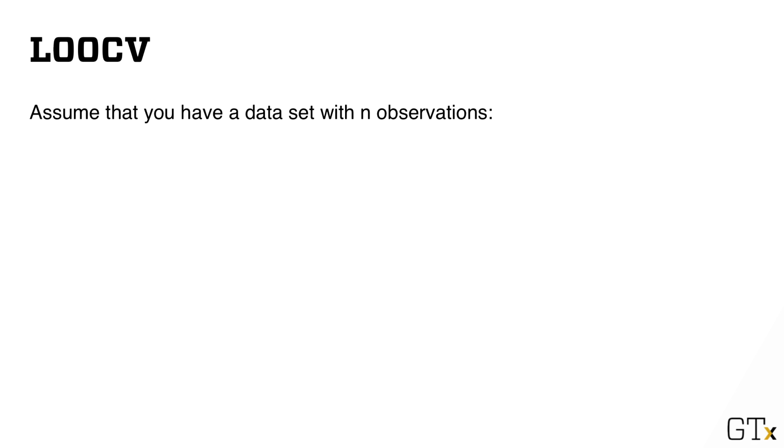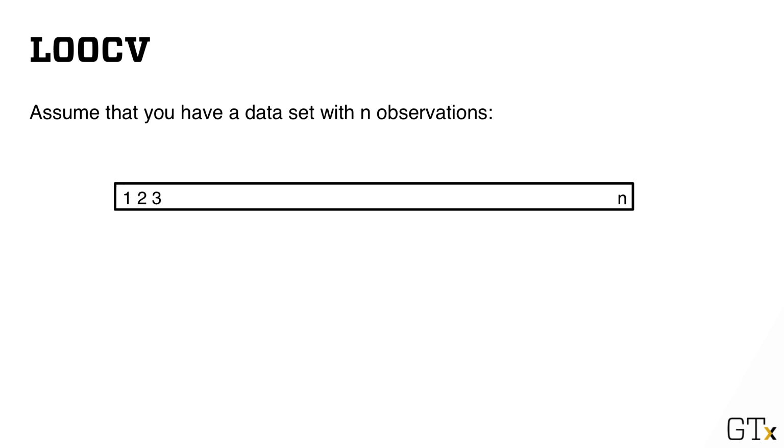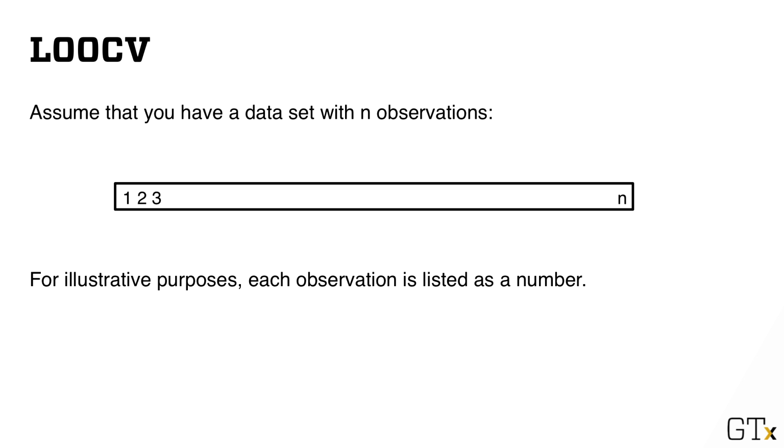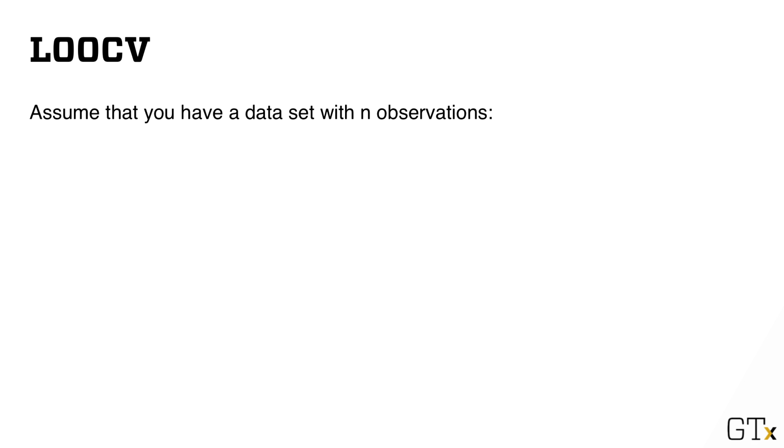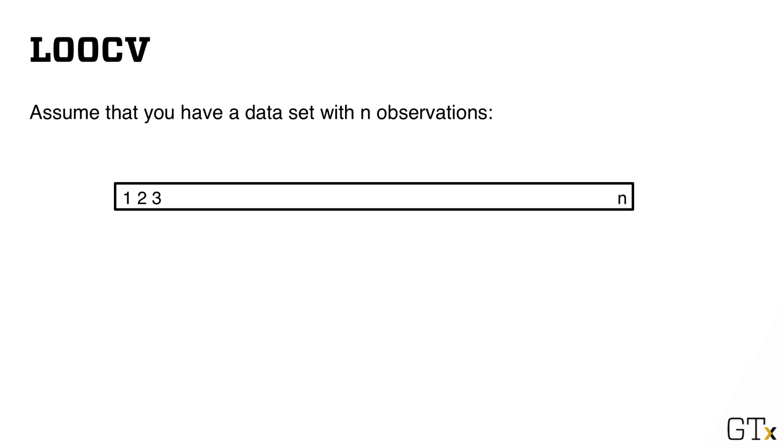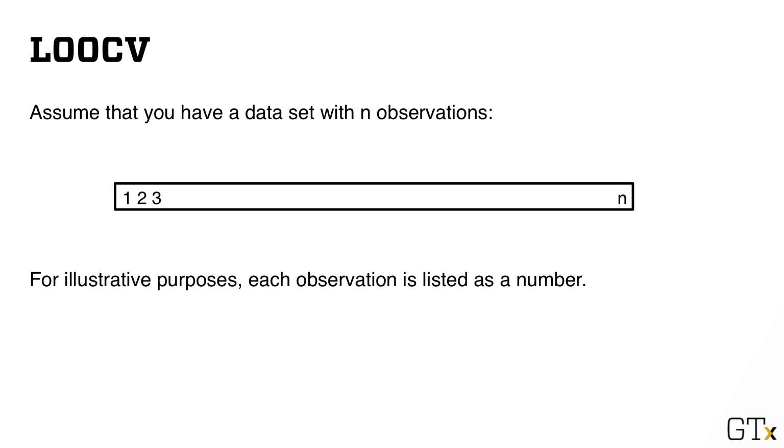Assume you have a data set with n observations, 1, 2, 3 through n, as shown in this figure. For illustrative purposes, each observation is listed as a number.